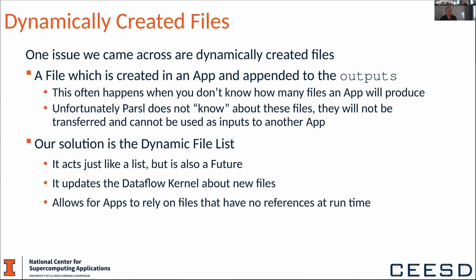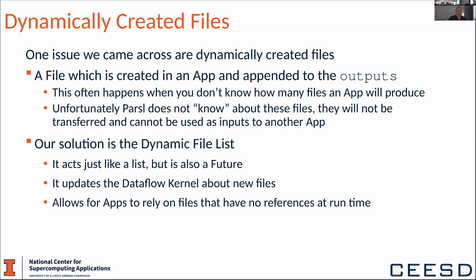One thing we came across is what we call dynamically created files. These are files which are produced by an app, but you don't necessarily know ahead of time that the file is going to exist. You put something in, and the app may create files depending on how long it's been running and things like that, but you don't know ahead of time how many files, or specifically what files, are being created.